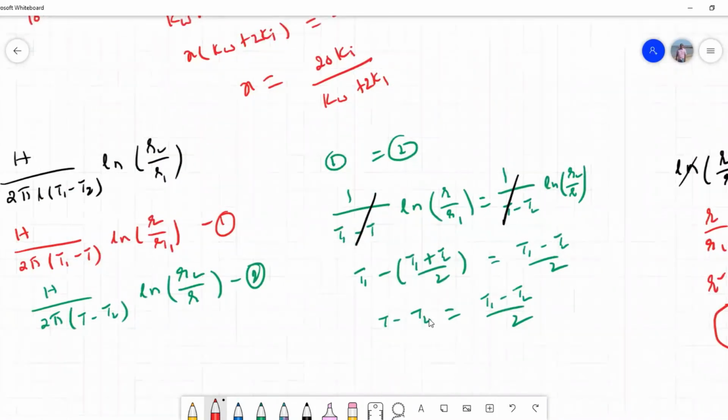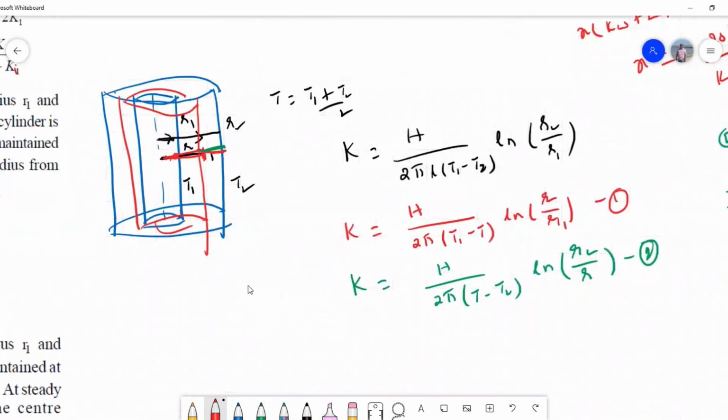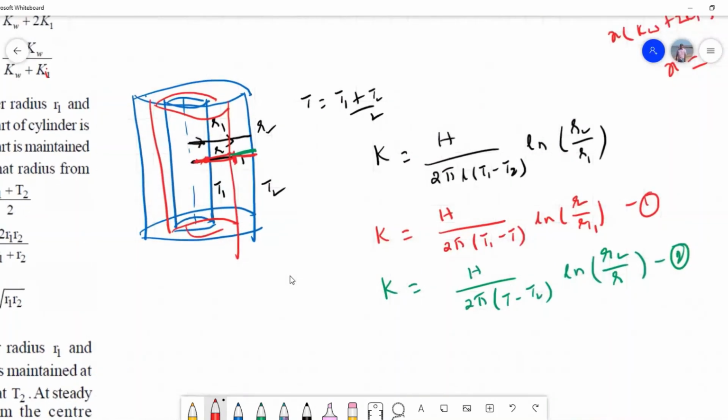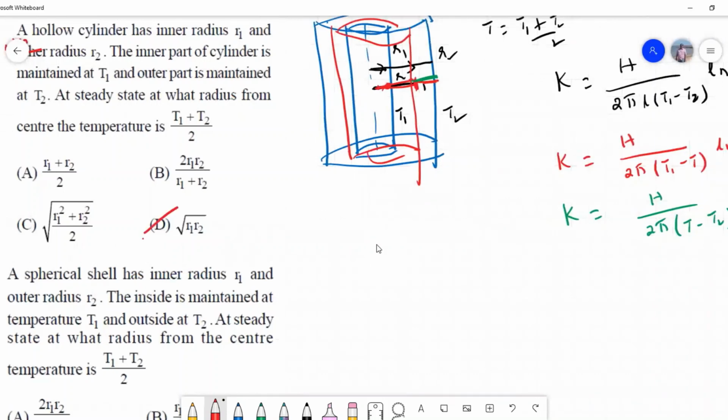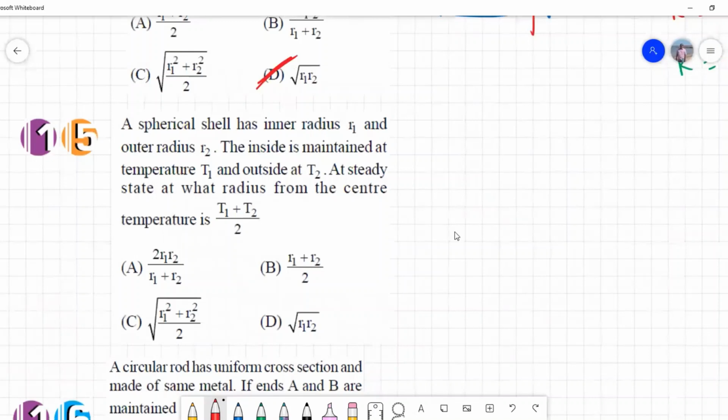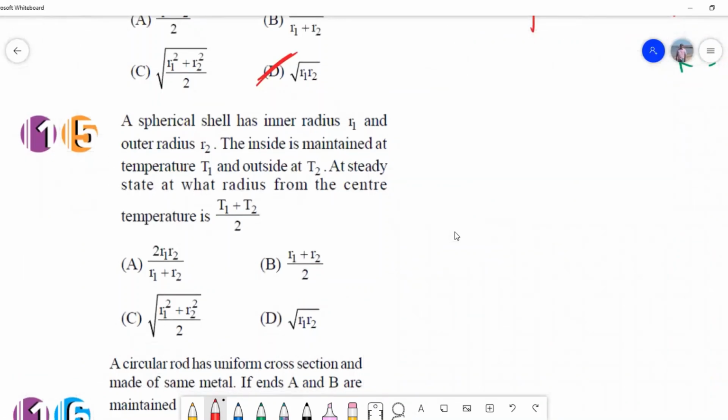So simply we find out the heat current for the inner cylinder and outer cylinder, equate them, and we got the answer as R is equal to root over R1 R2. Now let's see question number 15. This is also as simple as that, the same model, but here we have taken spherical shells.